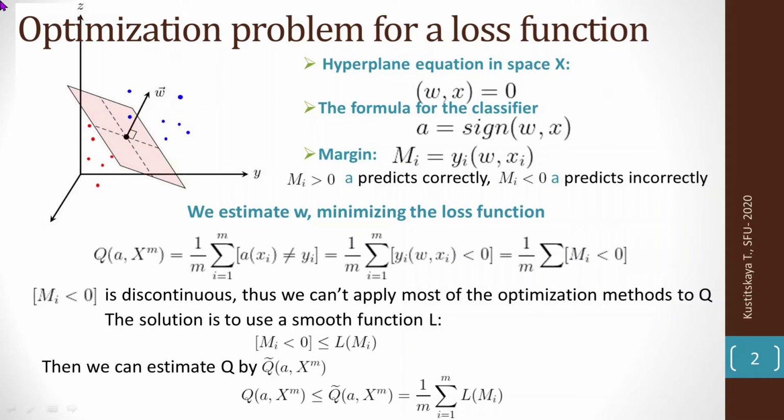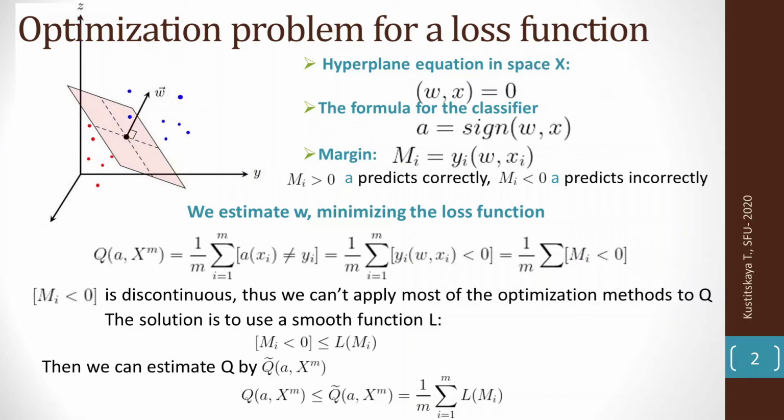On different sides of the hyperplane, there are different signs of the scalar product. For blue dots, it is sign plus, and for red dots, the sign is minus.